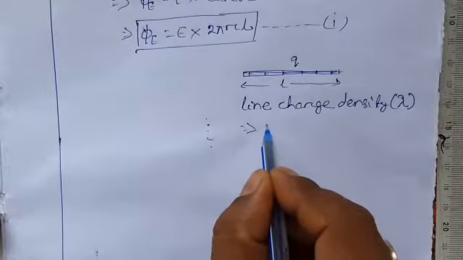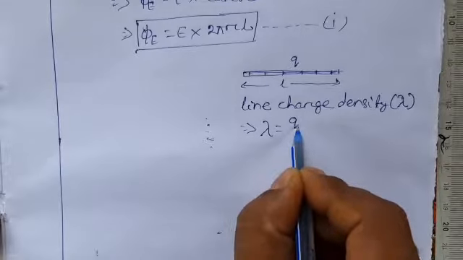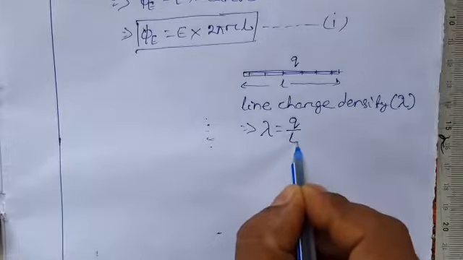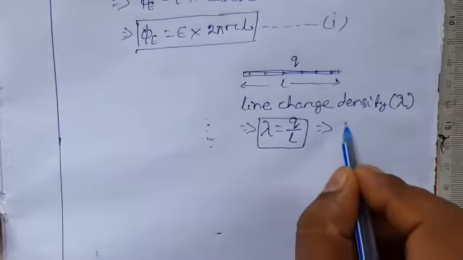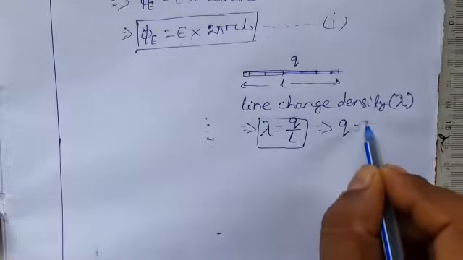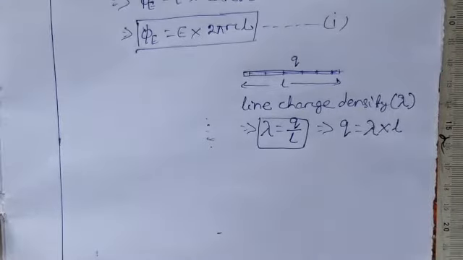This lambda is equal to total charge per unit length. So total charge equal to line charge density into length of the wire.